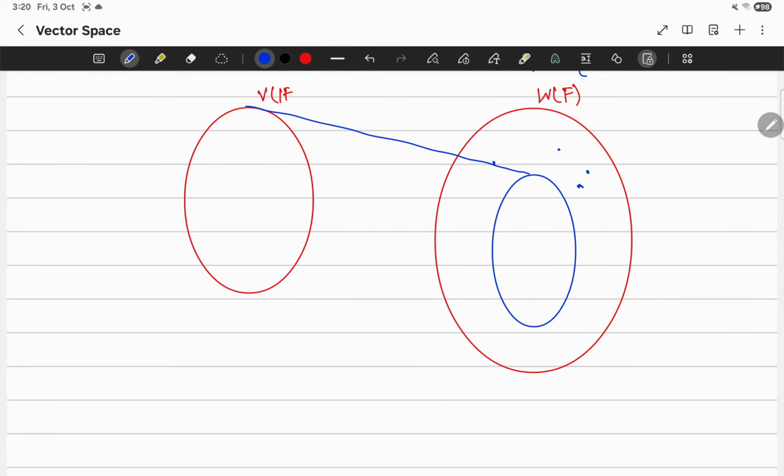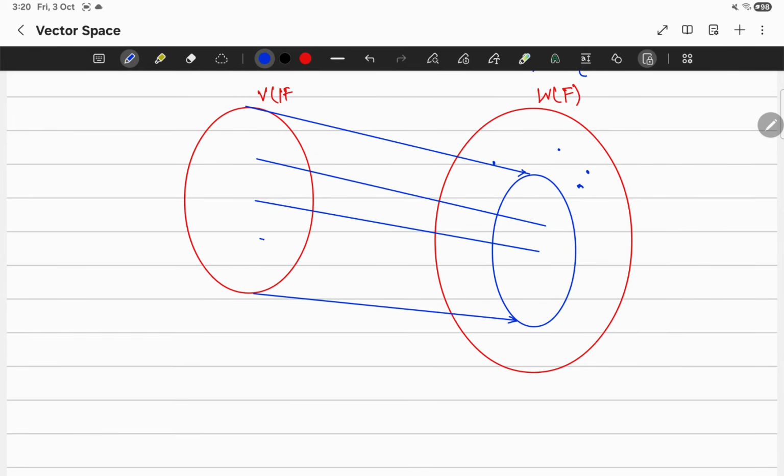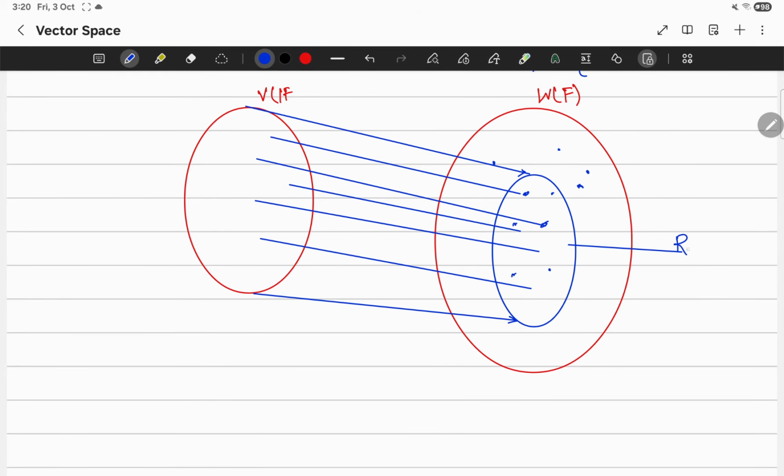Let this be the part of the image of V, that is, the part where every element has a pre-image. This part we denote by R of T, and it is called the range of T.